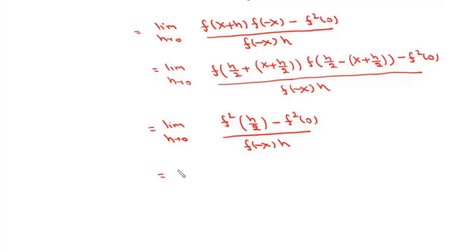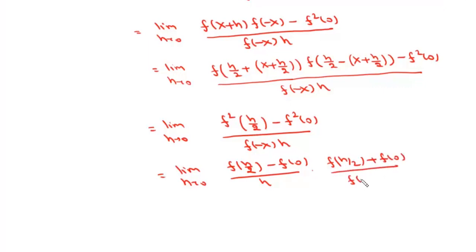Now we'll use a plus b into a minus b, so we can write limit h tends to 0, and this is f(h/2) minus f(0) upon h, and we'll write this as f(h/2) plus f(0) upon f(-x). Now this is nothing but f dash 0 if we multiply and divide it with 2.